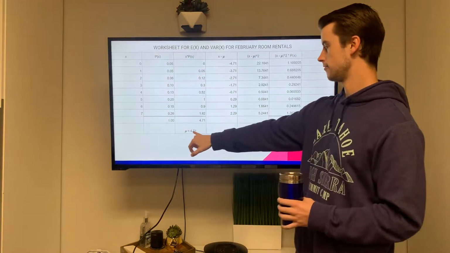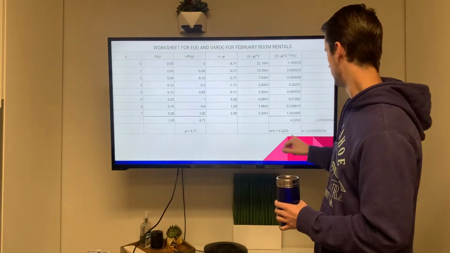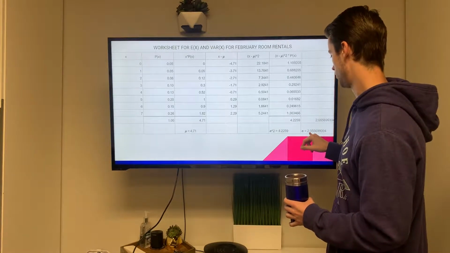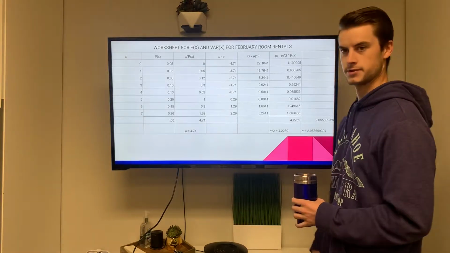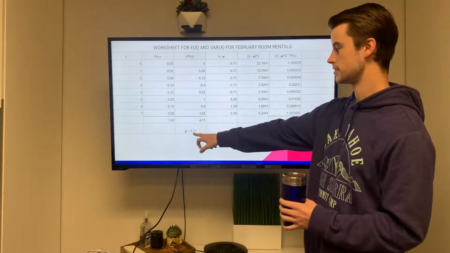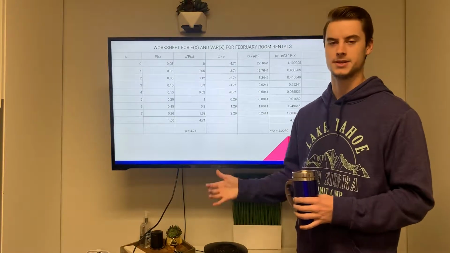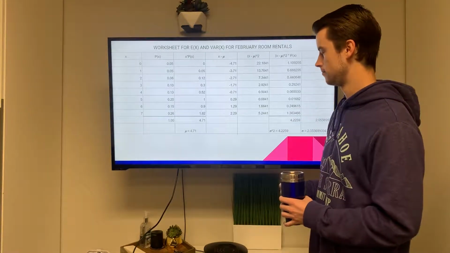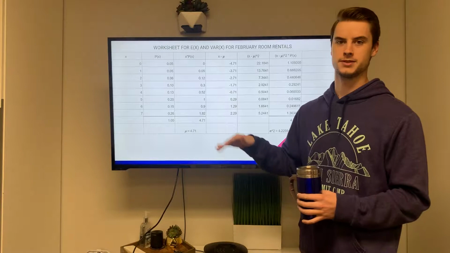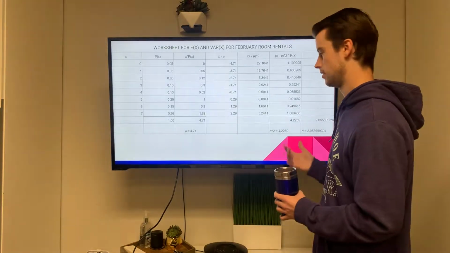So our mean for this is 4.71 with a standard deviation of 2.055 rooms, okay? This is the average number of rooms people rent. Obviously we can't rent 4.71 rooms, but it's the average. You could round up to 5 since it's closer to 5 than 4, but you get my point.